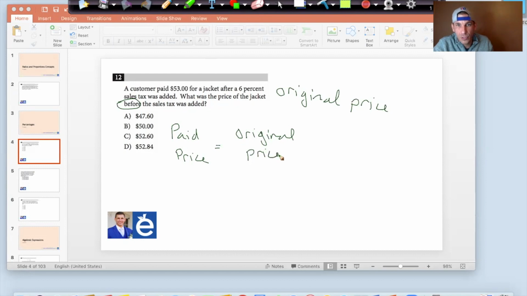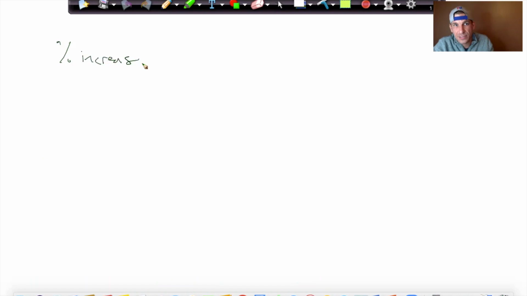times any sort of percentage tax that you have. On the SAT, just as a quick FYI, when they do some sort of percentage increase, they're going to refer to it as a tax, a compound, or they might use the other word, interest.